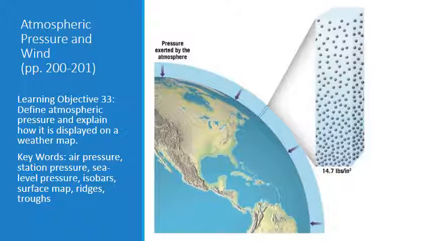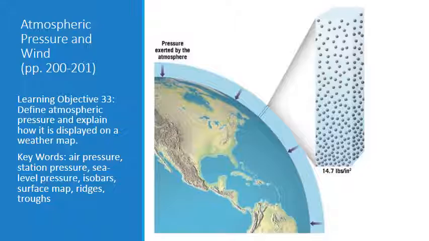We define atmospheric pressure, or air pressure, as the force per unit area on a surface exerted by the weight of the air above. Average atmospheric pressure at sea level is about 14.7 pounds per square inch. In the metric system, the average atmospheric pressure at sea level is equivalent to the weight of 1 kilogram per centimeter squared.